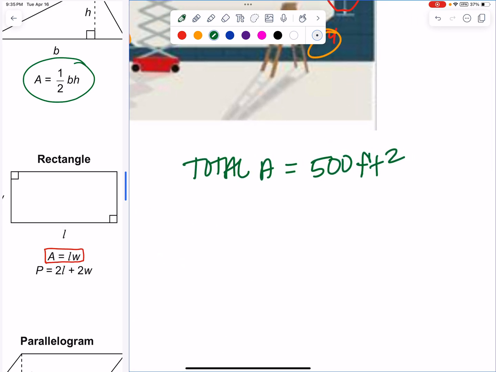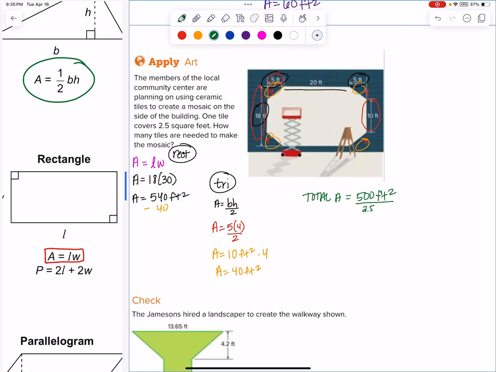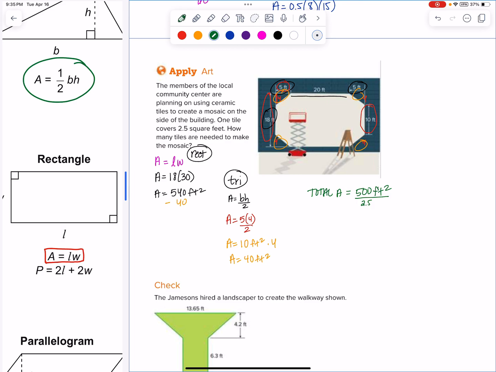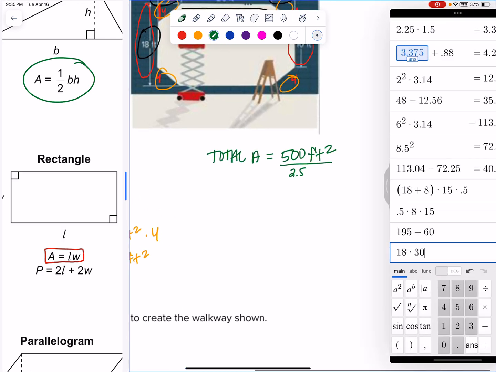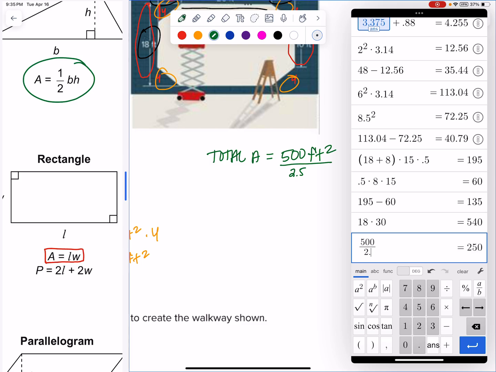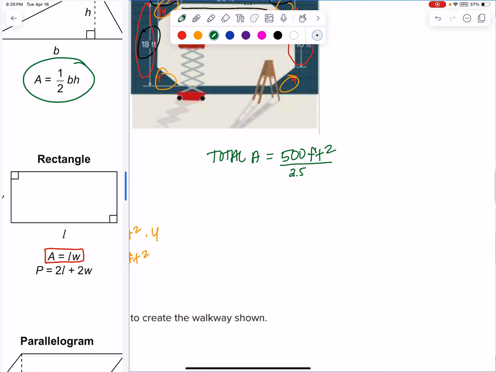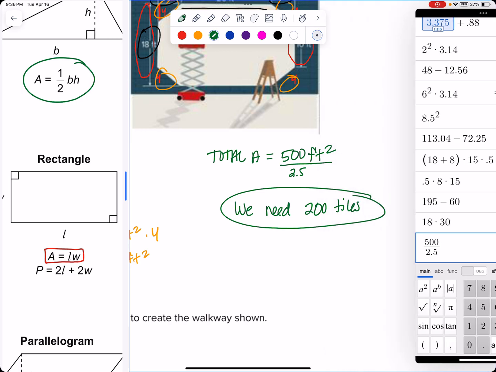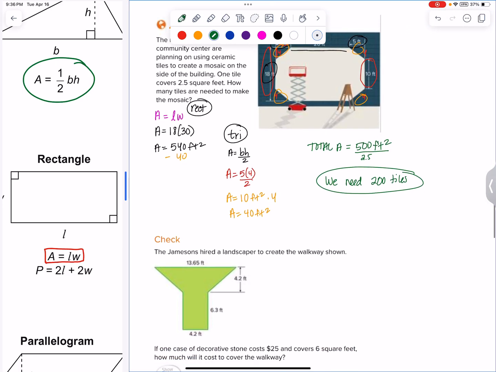So we need to take this and divide it by 2.5, because that's one tile, to figure out how many tiles we are going to need to fill this. So 500 divided by 2.5 tells us that we need 200 tiles. So this is a lot about just understanding what they're asking and then problem solving through it.